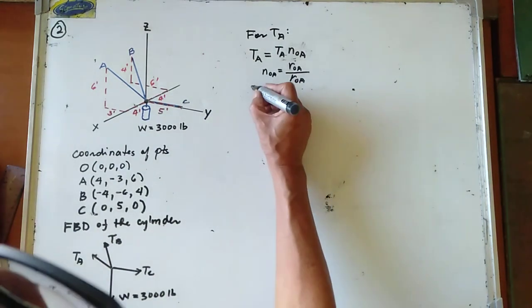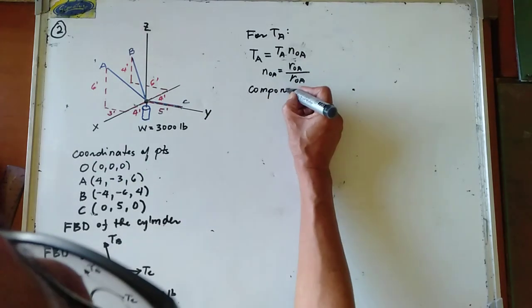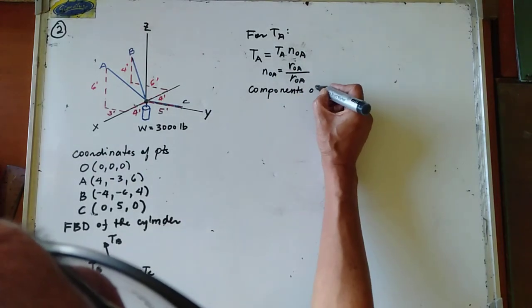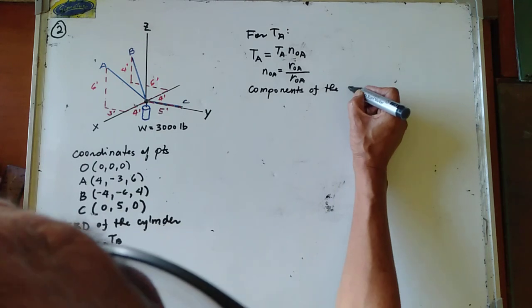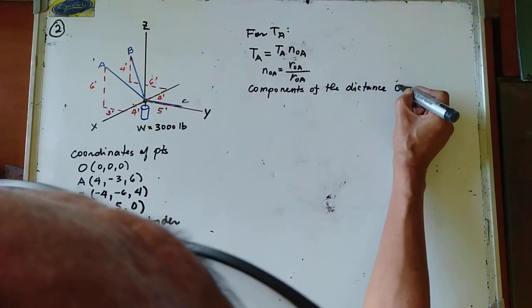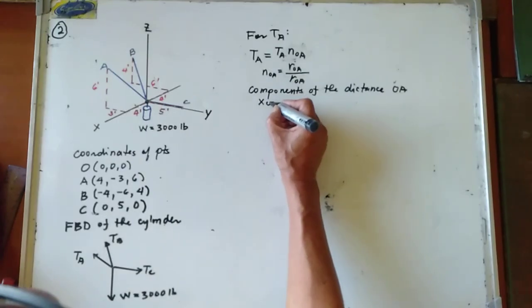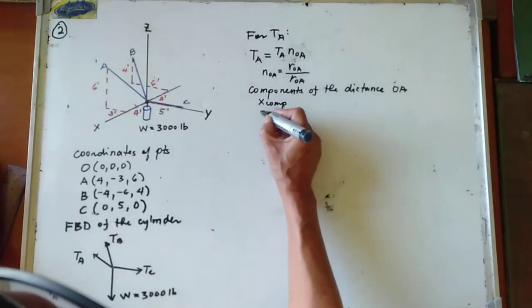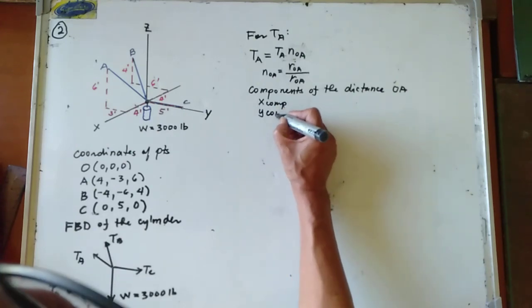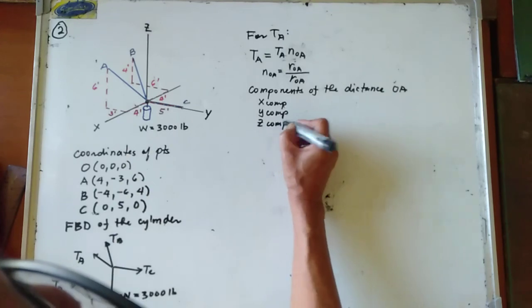Now, let's get first the components of the distance OA. So we have the x component, your y component, and your z component.